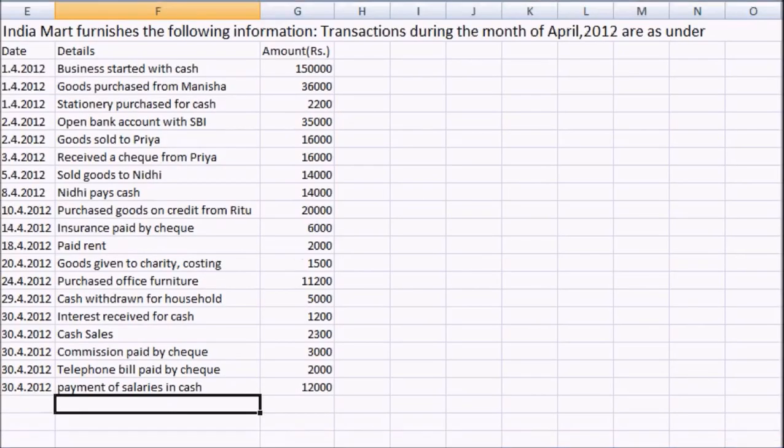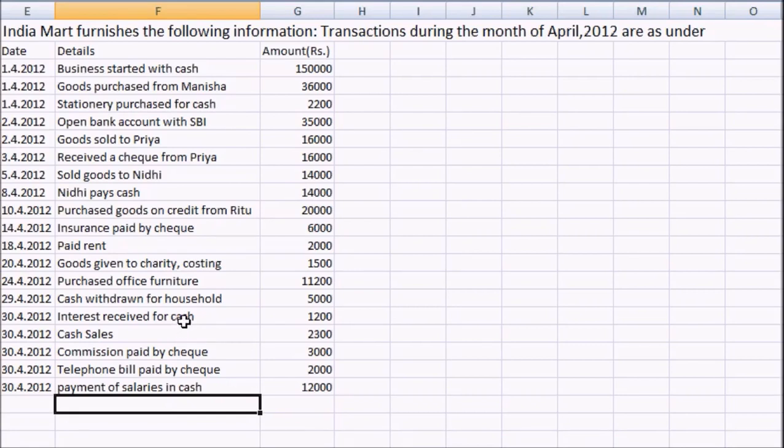Now the next transaction. Insurance paid by check, amount 6,000. Now there are two accounts involved. One is insurance premium account and next one, as it has been done with the use of check, is bank account.